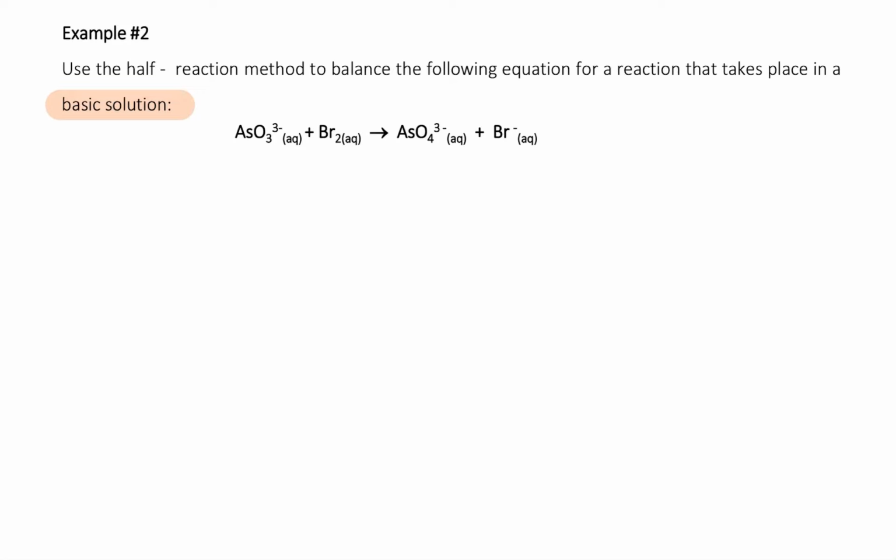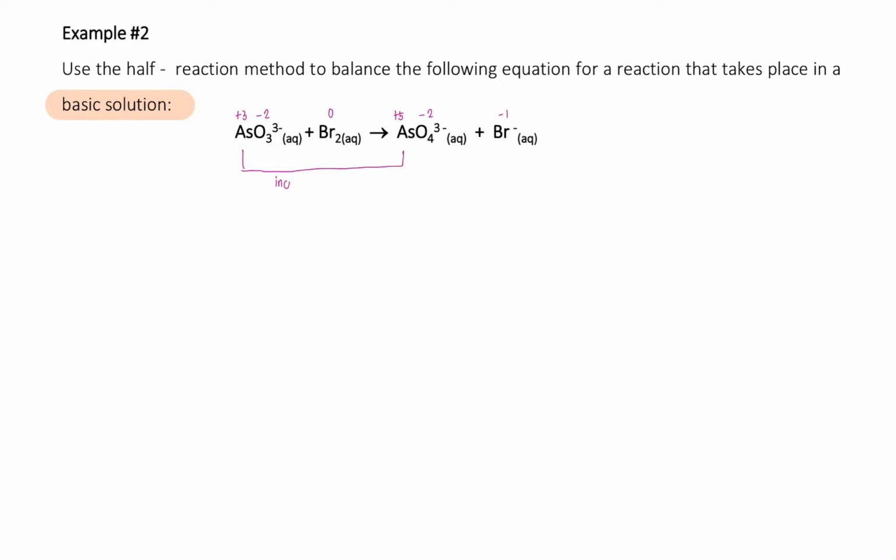So we start with oxygen and then arsenic. If that is -2, then arsenic here would be +3. And then this is 0. So oxygen on the right side is -2, making arsenic +5. And then bromine is -1. So we can see here that there is a change in the oxidation number of arsenic from +3 to +5.